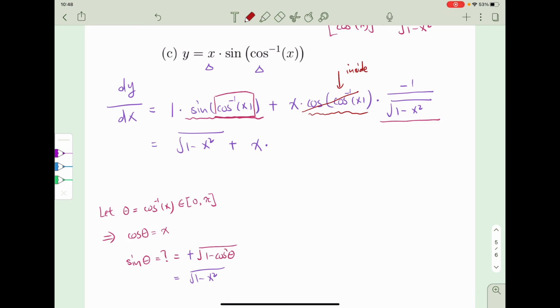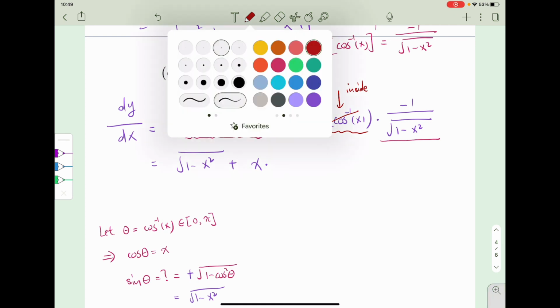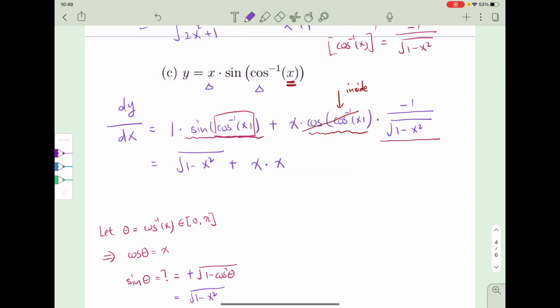When the inverse function is on the inside, we can just cross it out as long as x is inside the domain. Because this expression is given, it implies that x is always inside the domain, otherwise this function would not make sense. So we cross it out. It becomes just x multiplied with negative 1 over square root of 1 minus x squared.